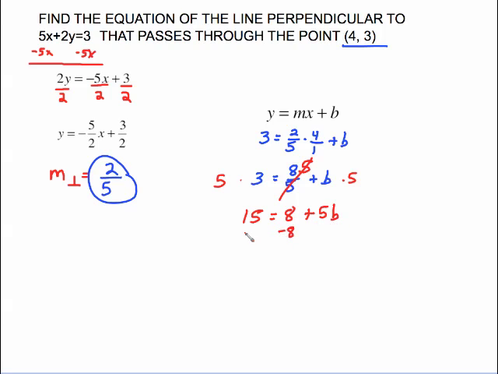Subtract 8 from both sides. Gives us 7 equals 5b, because those 8's canceled. Divide everything by 5, and our b is 7/5. So our equation is y equals that slope we used, which was 2/5 times x, plus 7/5.